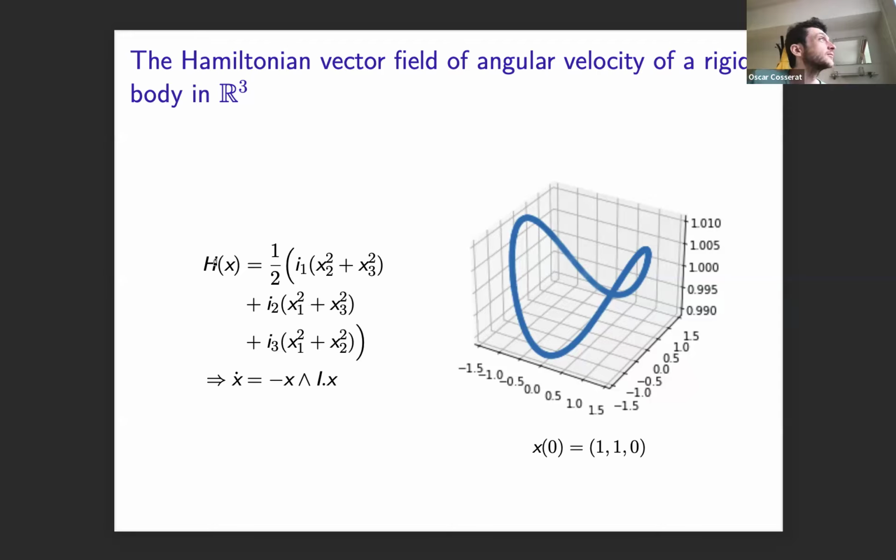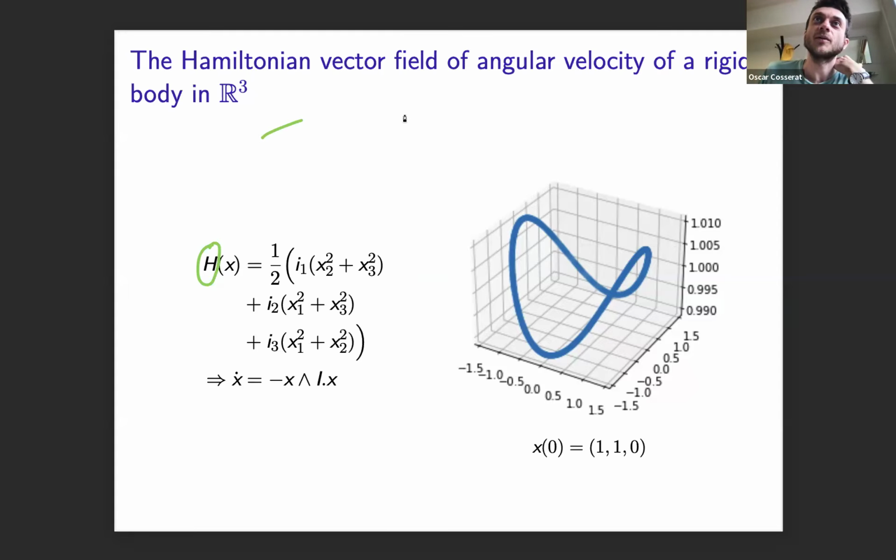It's periodic because there are two conserved quantities. One of them is the Hamiltonian. Of course, the Hamiltonian is the first integral of itself. Remember, from the first lecture, this one comes from the antisymmetry of the Poisson bracket. And the linear momentum of the velocity is preserved as well.